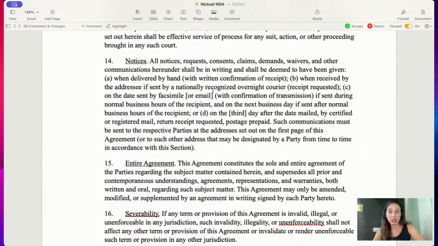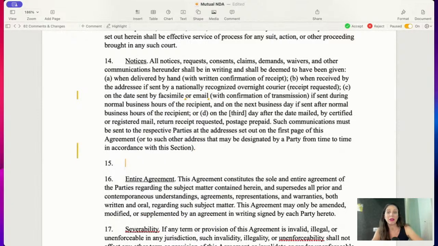All notices. Oh my gosh, they did not clean up their template at all. Do I want email to be considered? I will leave it. But I would add my email. Notice email for Abstract Acacia LLC shall be, and I'm not going to put that on there because I don't want that public for the one that I would do for this situation, but I want to make sure that if email's there, I haven't given them my email on this document.